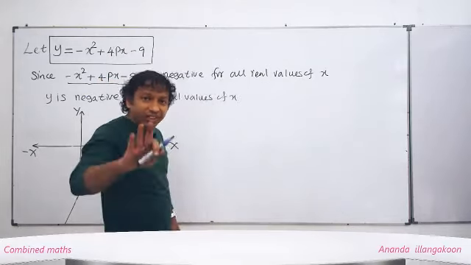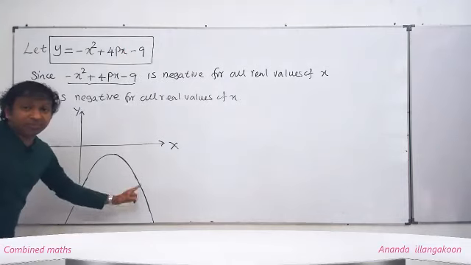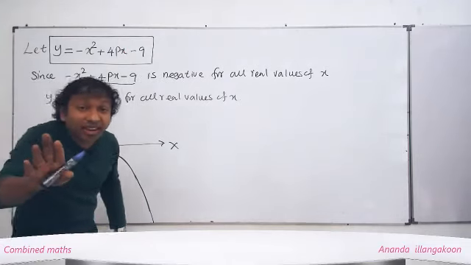Now the given statement is available in this form: a maximum graph lying completely below the x-axis. Lying completely below the x-axis means, you can very clearly see that the maximum graph does not cut the x-axis.